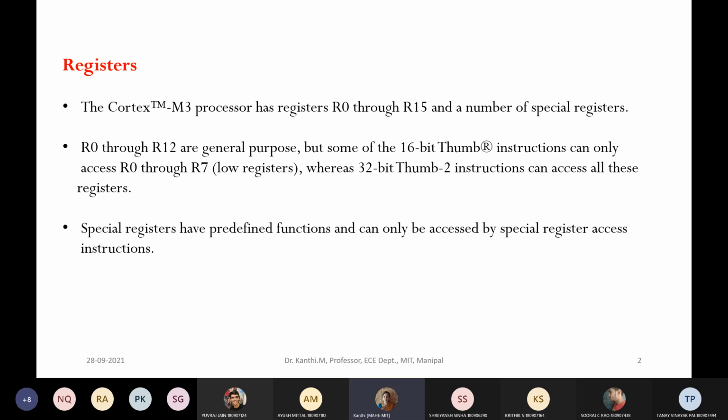So to begin with, as people have studied the ARM processor, you know that the processor has 16 registers, R0 to R15, and this Cortex M3 processor has a number of special registers. R0 through R12 are general purpose.